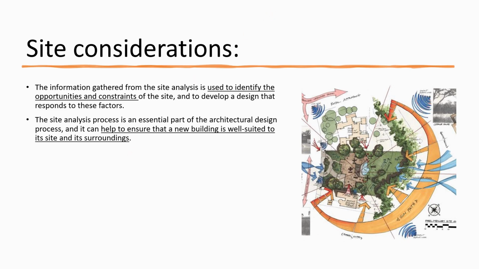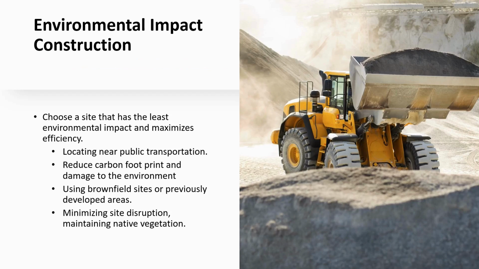Choosing a site for development or construction with the least environmental impact while maximizing efficiency involves several key considerations. These considerations are aimed at reducing the carbon footprint, limiting damage to the environment, and promoting sustainable development. Here is how each of the mentioned strategies contributes to this goal.